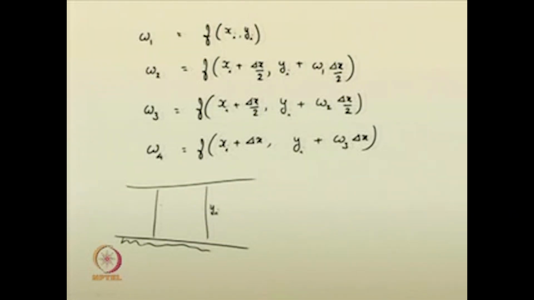So, this is yi plus 1, this is your del x length, then this slope is applied to the entire reach, and like that omega 4 is computed.